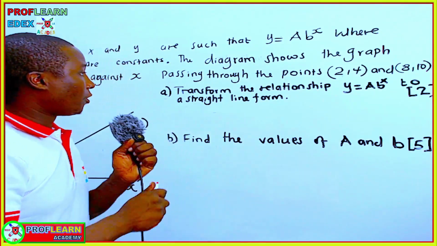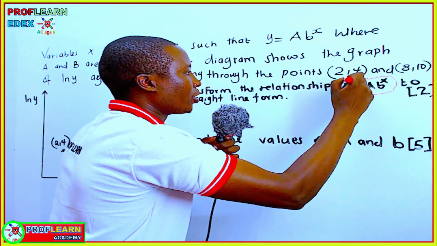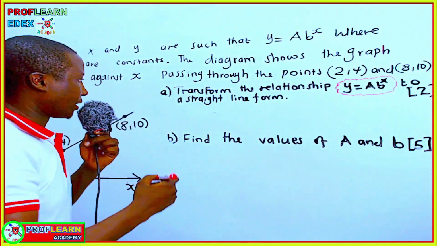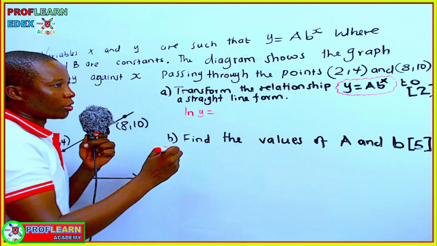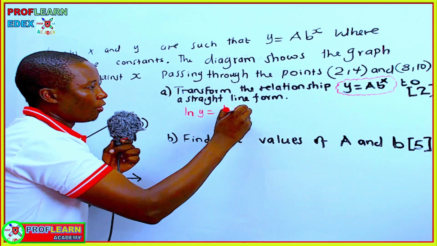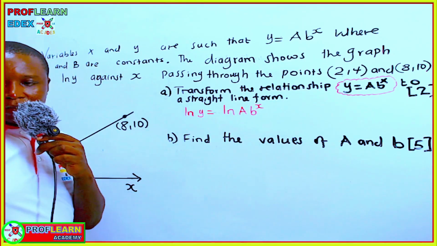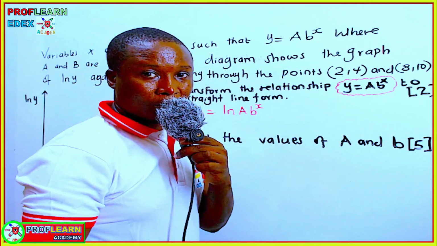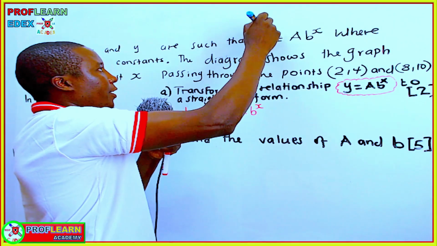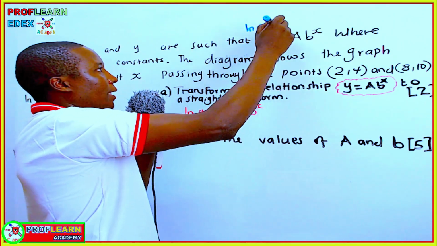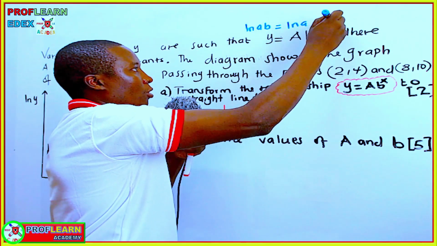In order to transform this relationship, we are going to introduce natural log on both sides. So we are going to say natural log of y equals natural log of a b raised to power x. And from the laws of logarithms, if you are having natural log of ab, where a and b are multiplied, this can be written as natural log of a plus natural log of b.